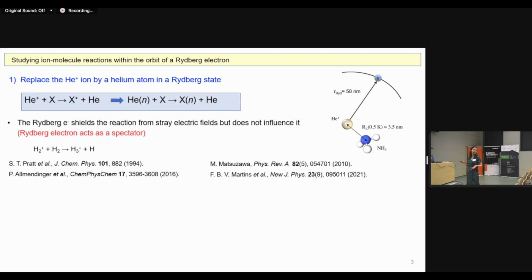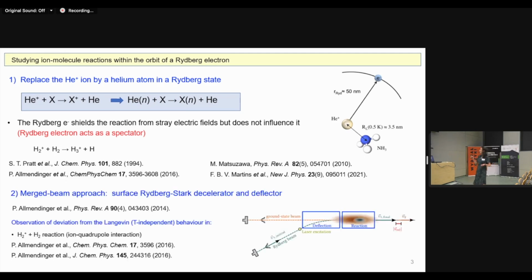This is the so-called independent particle model. The fact that we have this Rydberg electron is actually very useful for us because it acts like a handle. We use a surface Rydberg Stark decelerator and deflector in order to merge our Rydberg heliums with a supersonic beam containing the molecule of interest.